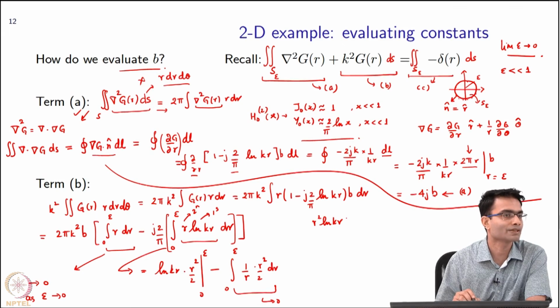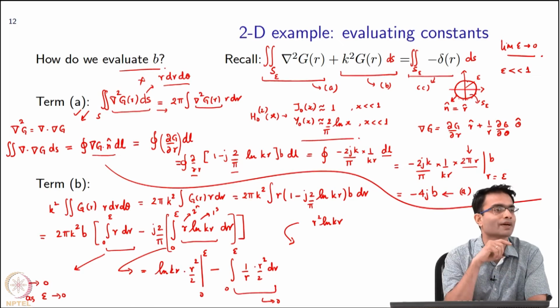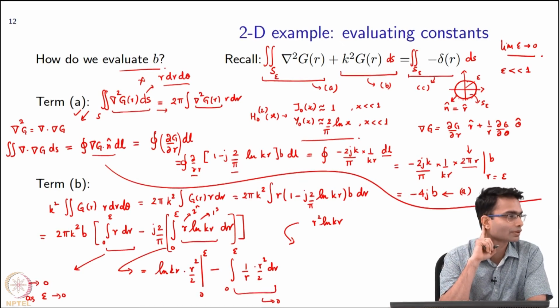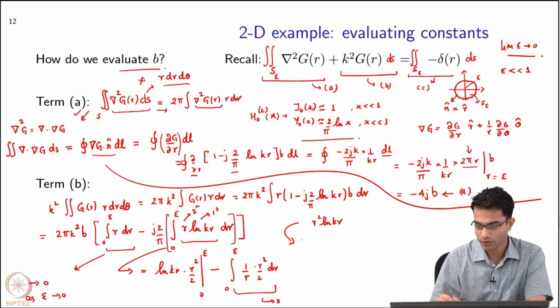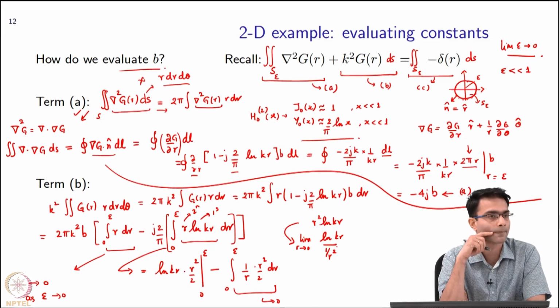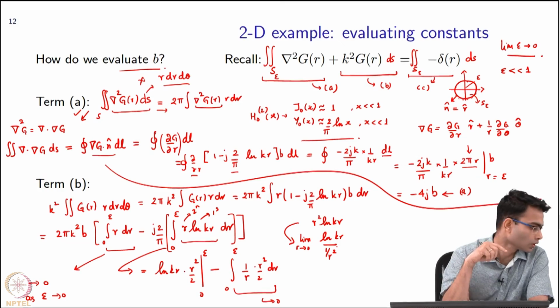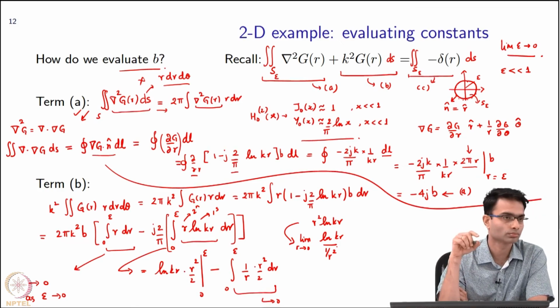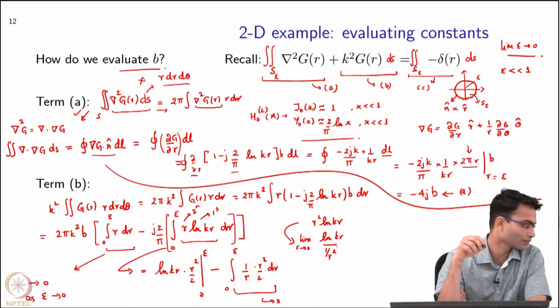How do I evaluate this function? Are you reminded of some way of evaluating this limit as r tends to 0? L'Hopital's rule, right? First I have to get it into a 0 by 0 form. So the limit as r tends to 0, this becomes log of kr divided by 1 by r squared, either 0 by 0 or infinity by infinity form, whichever way.